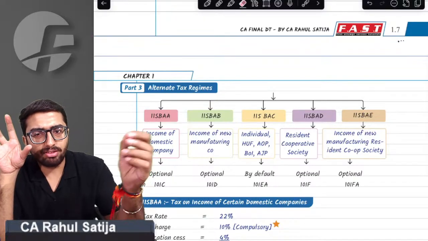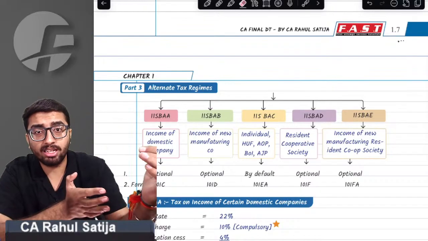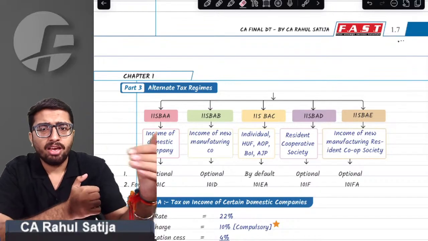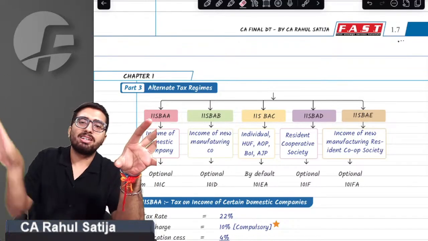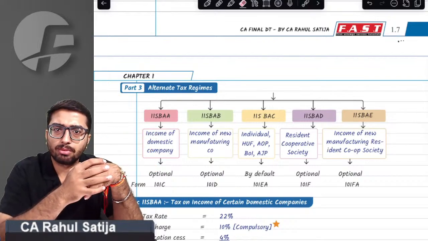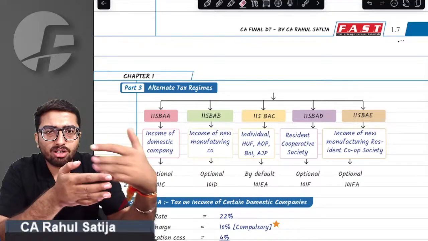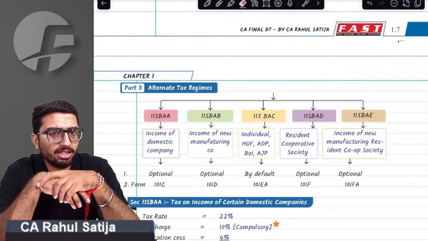If we have lottery income, we have 30% fixed, whatever the income is. If we have online gaming, or any royalty income, we have special tax rates for special kinds of income. And all those incomes that are not taxable at special tax rates are taxed at a general rate. On the very first day, we started off with general tax rates only.